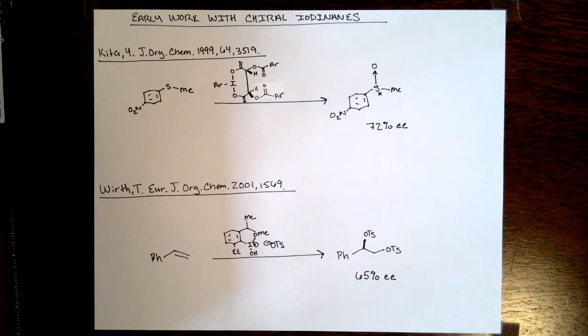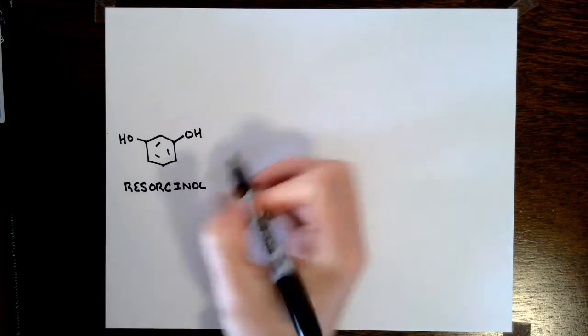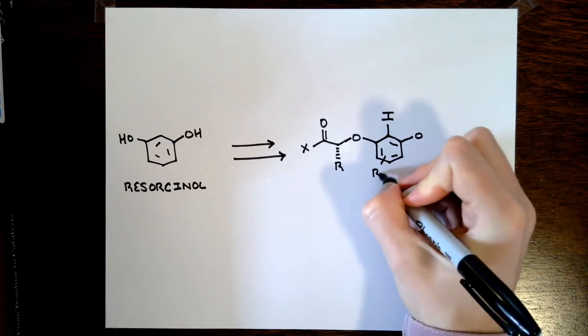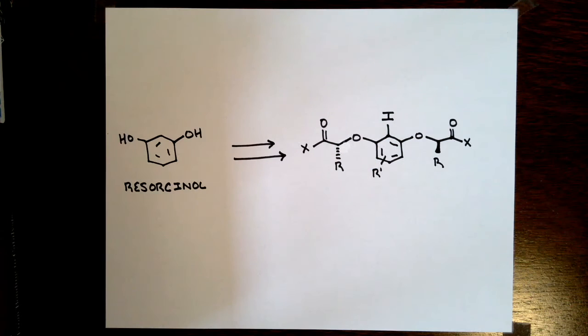And this family of iodoarene catalysts has become the workhorse family of functionalization catalysis. These chiral iodoarenes were developed by Ishihara in 2009. They're based on resorcinol, which is an arene ring that has a 1,3 diol substitution pattern. And then the iodine atom is stuck in between the two of them.